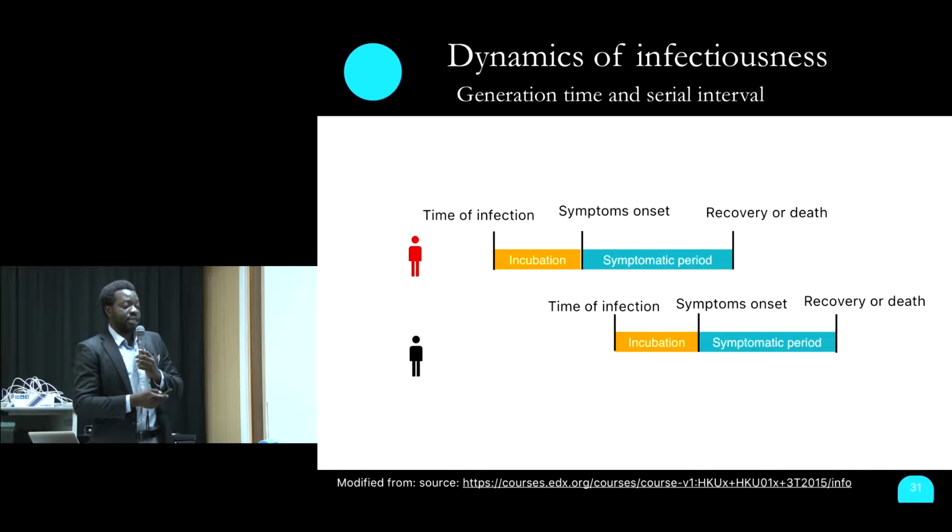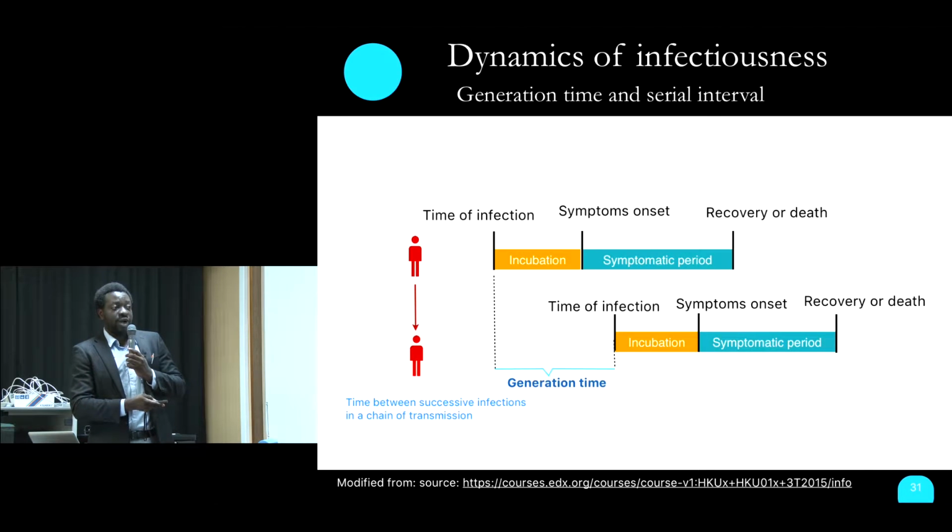I will explain in detail now. Transmission is between two persons, from one infected host to one susceptible host. When the transmission is done, we can estimate the time it takes from this person to transmit the infection to the susceptible host.